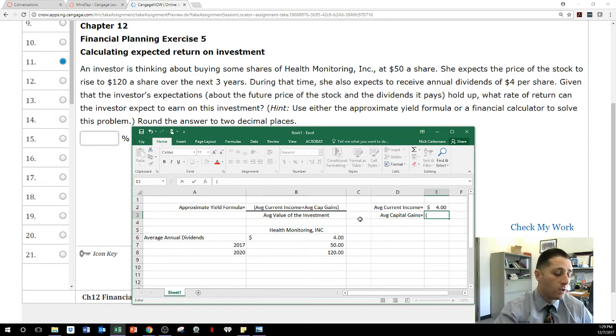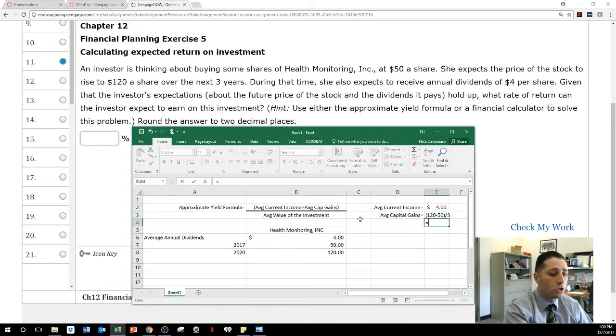So we could go equals, and I'll write it out, but formulaically it's easier to do it on Excel. 120 minus 50, and now we have to divide that number by something, right? And so what we want to do is divide that by the amount of years, right? Well, how many years are we doing in this example? 3. And that's what it would look like.